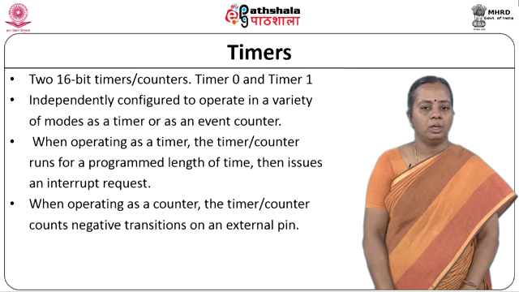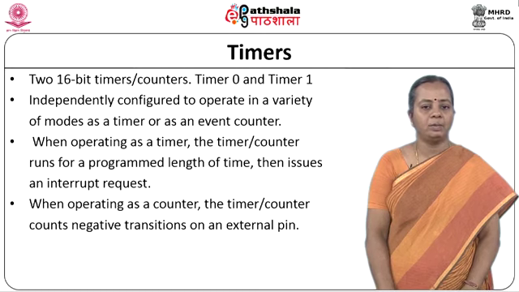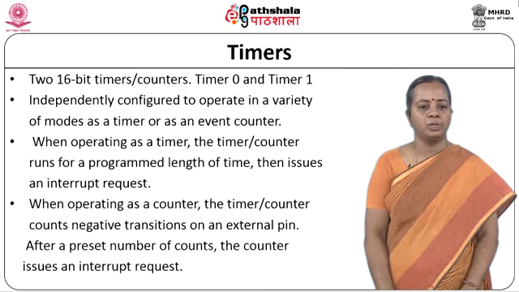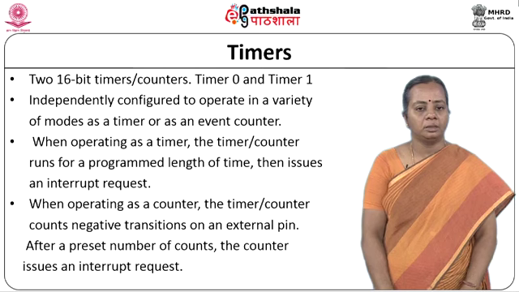The counter increments by 1 whenever I get a negative transition on that external pin. After a preset number of counts, the counter issues an interrupt request, so that we can get how much it has counted.